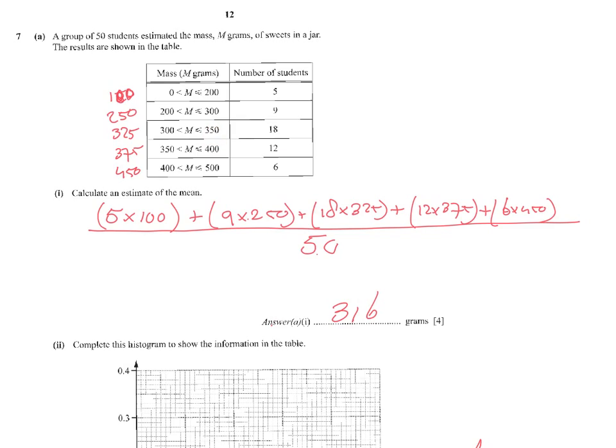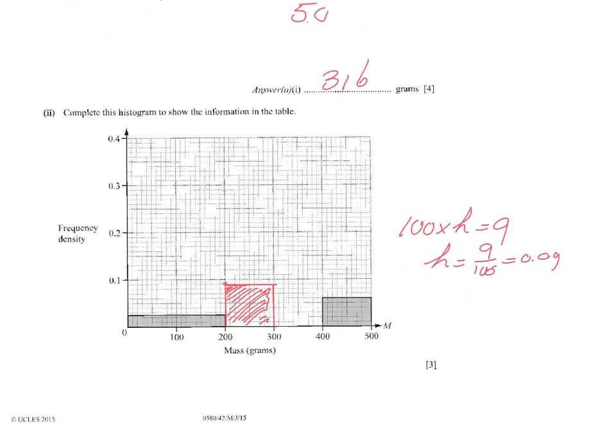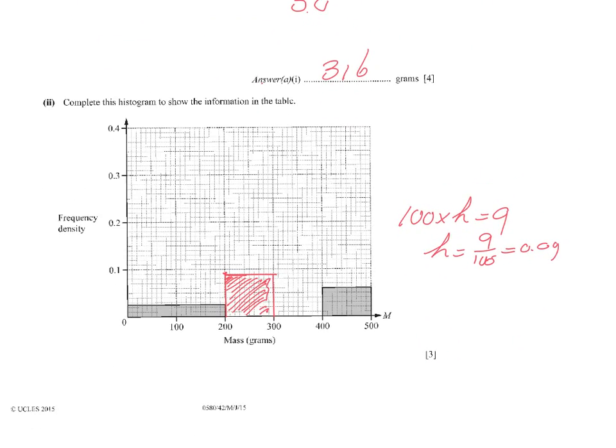So from 300 to 350, the frequency is 18. So the width is not 350, it is 50. Times the height should be 18.